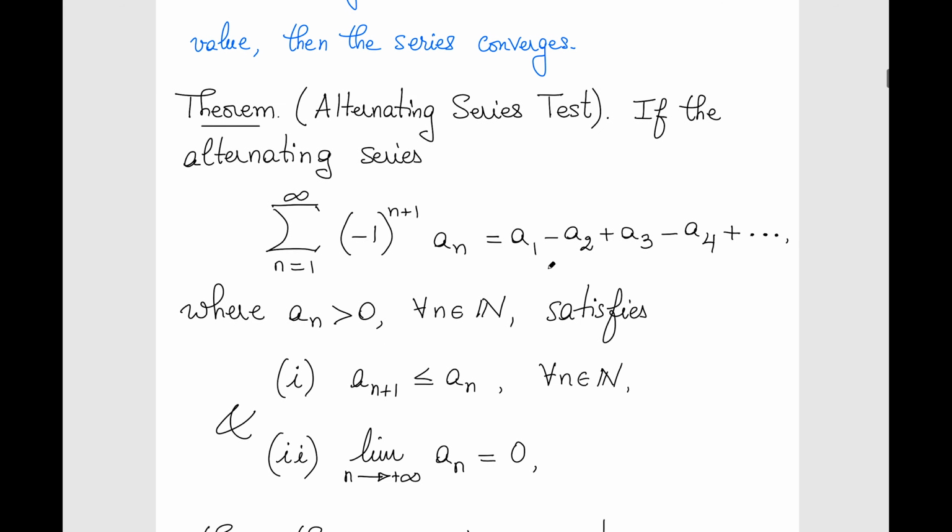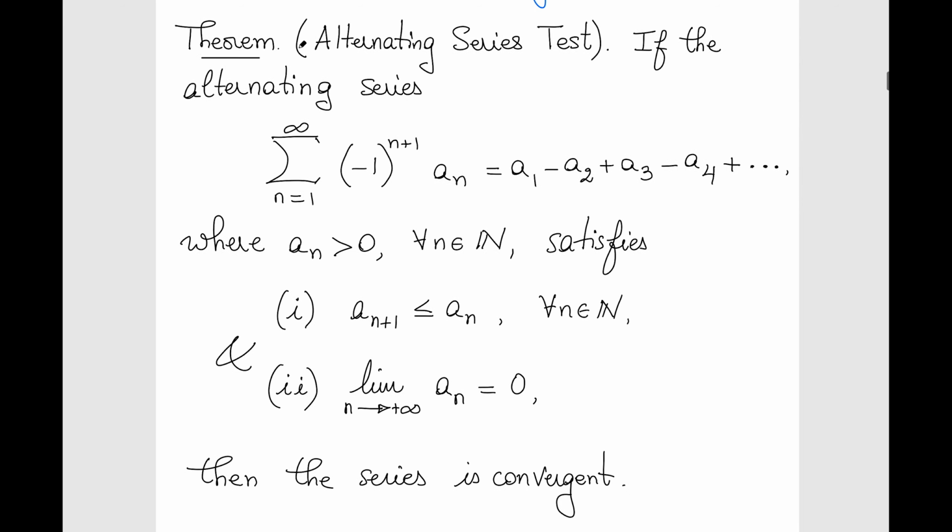Remember, an alternating series is a series whose terms alternate in sign, right? Okay, so here are the details. This theorem is referred to as the alternating series test. If the alternating series, whose terms alternate positive, negative, is written as such, with (-1)^(n+1) dictating the sign, and this term a_n is supposed to be positive.